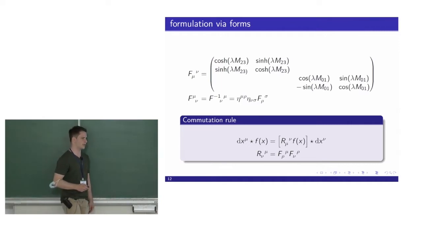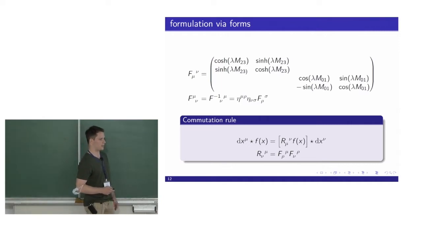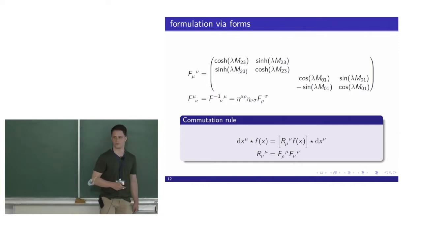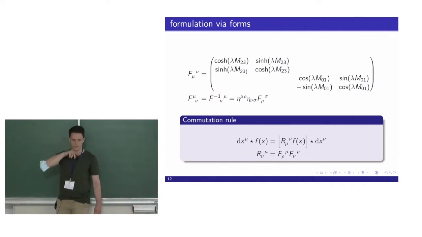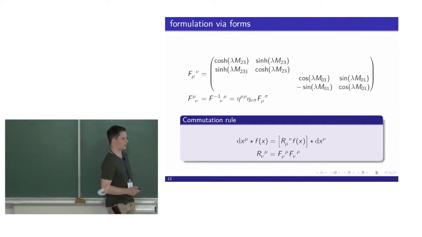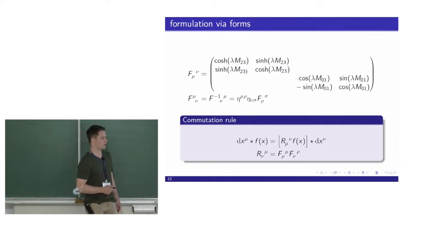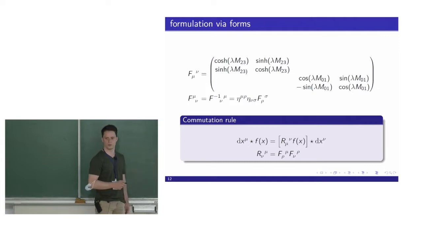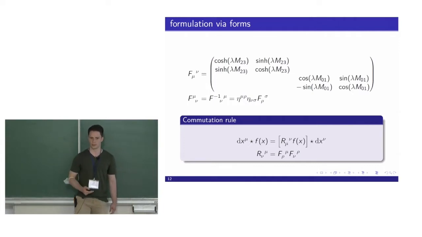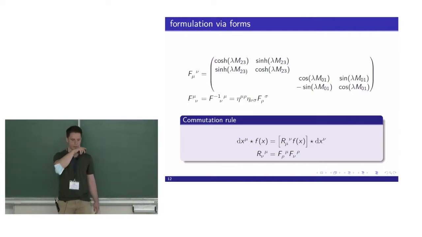And for the deformations that we are looking at, this R matrix is then exactly the square of this twist. So we now can move fields over basis 1 forms. But we could also define a commutation rule for moving basis 1 forms over basis 1 forms, which would allow us to order these basis 1 forms as well.